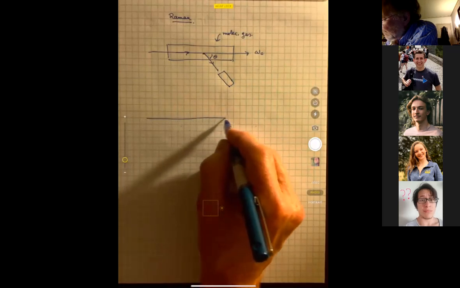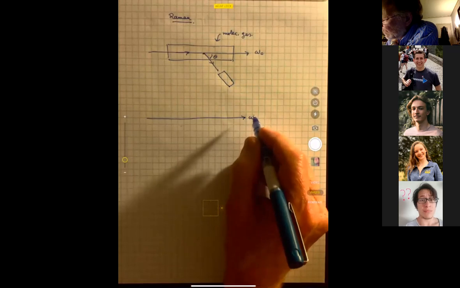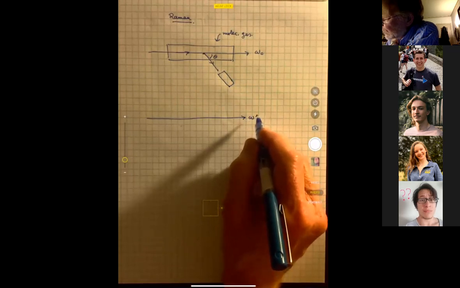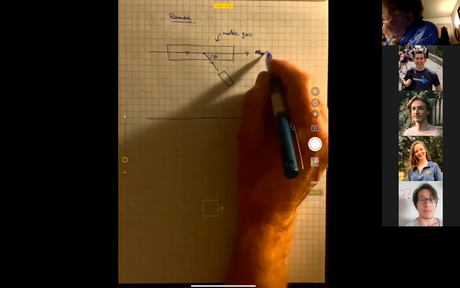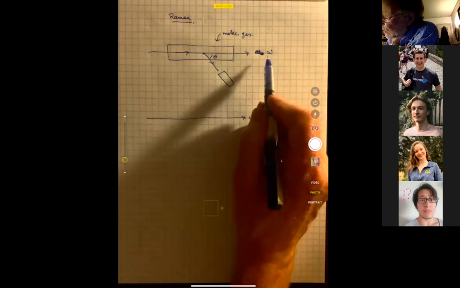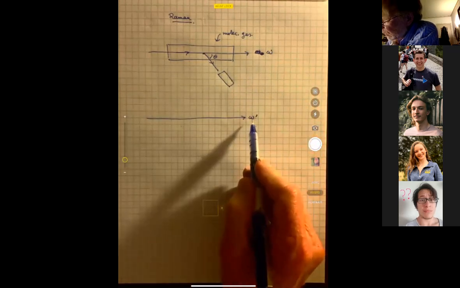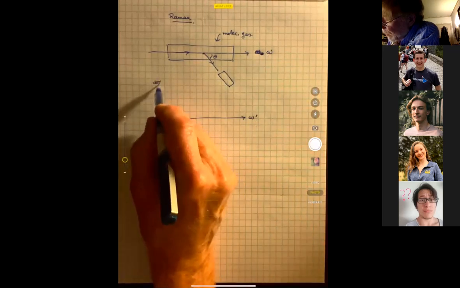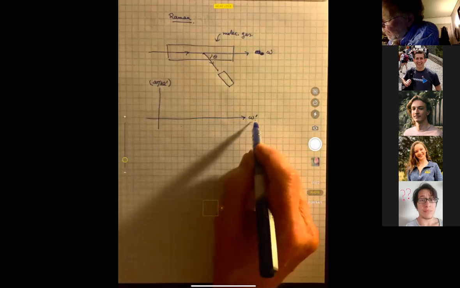If we make a plot as a function of omega prime, let me call this omega, without the naught on it. This is the frequency of the incident photon, and omega prime is the frequency of the scattered photon. And we plot d sigma d omega prime as a function of the energy of the scattered photon.